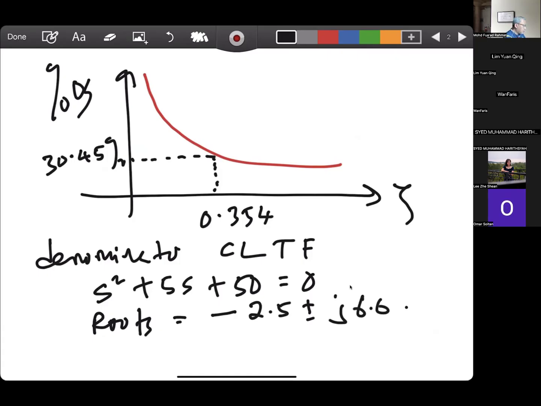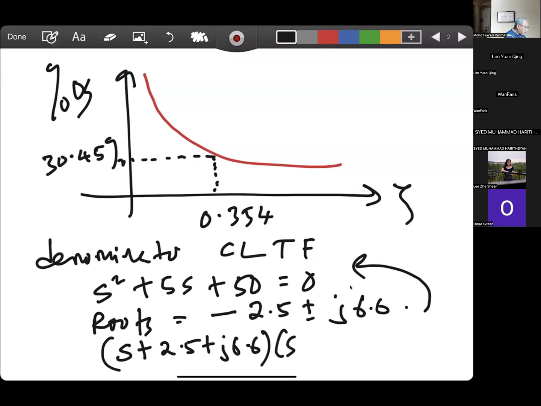So from here we can construct the polynomial: s plus 2.5 plus j 6.6 times s plus 2.5 minus j 6.6 equals 0.